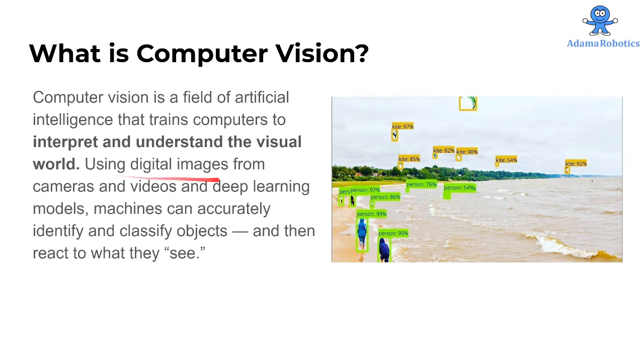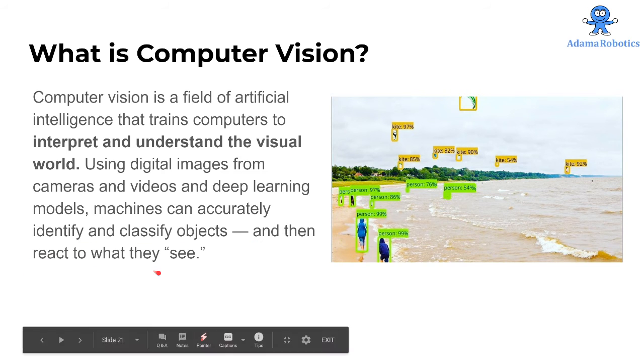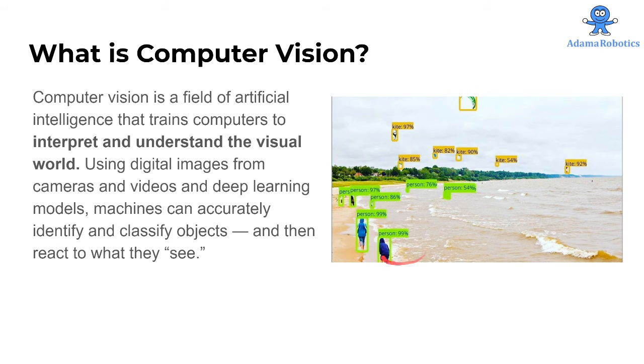Okay, so using digital images from cameras and videos and deep learning models, machines can accurately identify and classify objects and then react to what they see. Here is a picture given on the right. As you can see, it's an example of computer vision where we have already trained the models, and it says this is 92% match with the kite, this is 52%, this is 82%, and these are looking like people.